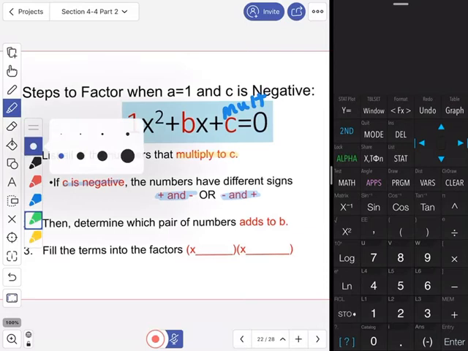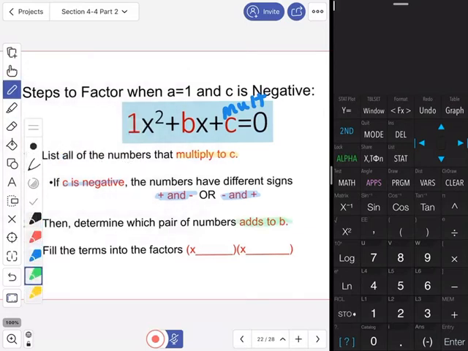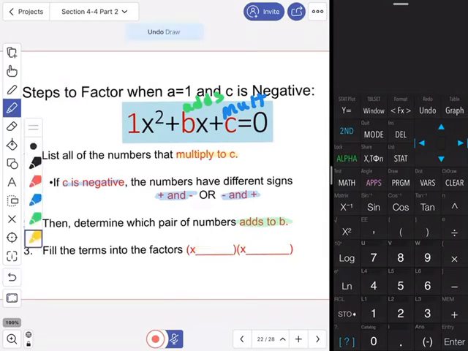Then you need to determine which number adds to the value of B, or the middle term. And then lastly, you can fill those numbers into your factors, filling in the blanks next to the x's.